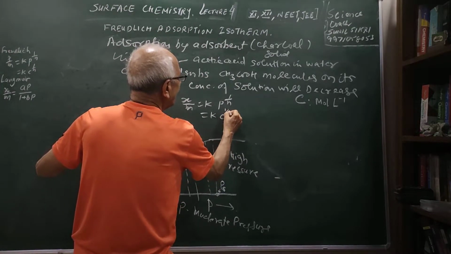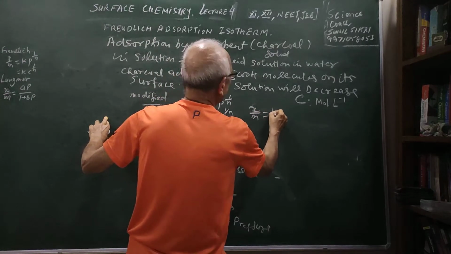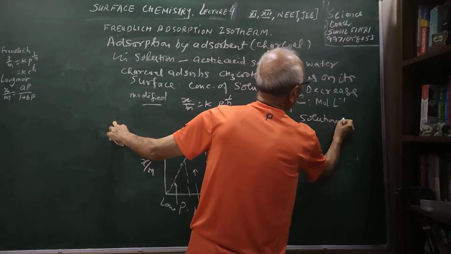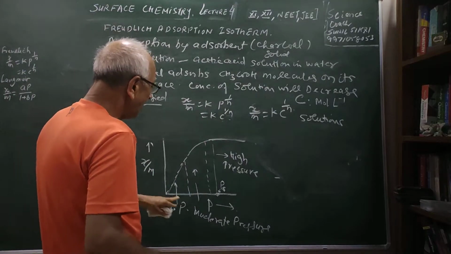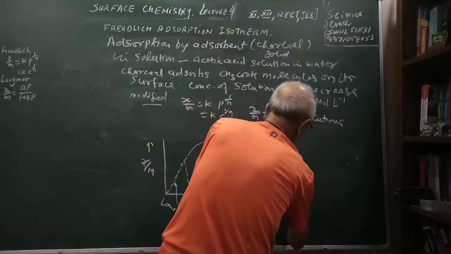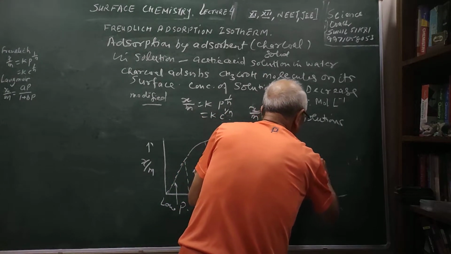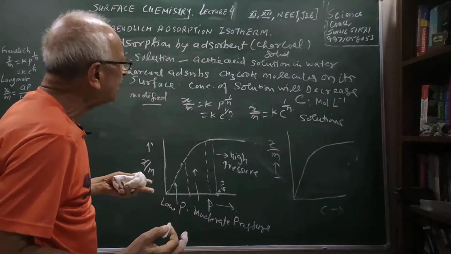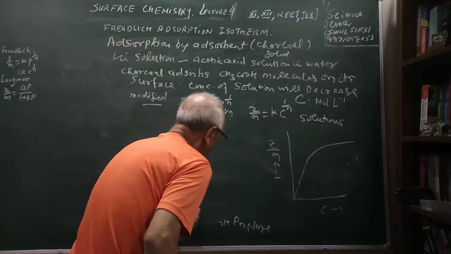So this equation becomes x by m is equal to k C power 1 by n for solutions. Experimentally he found the graph looked like this. If you plot x by m versus concentration, you get the same type of graph as obtained in the gas case. For solution we use molar concentration, moles per liter. So this is the modified form of the Freundlich adsorption equation.